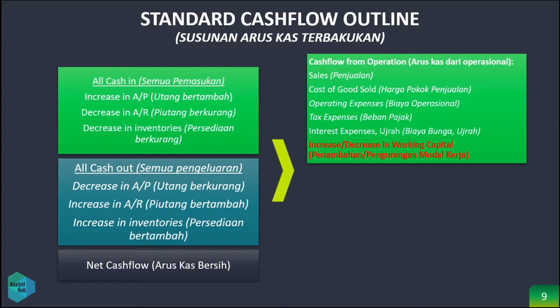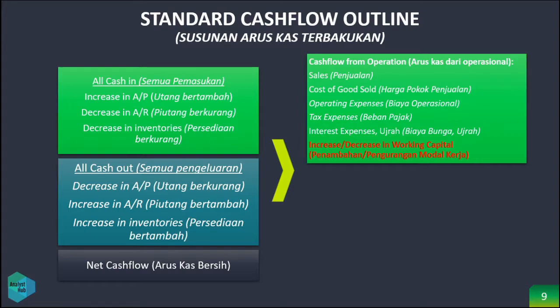Some people still misplace those accounts and put them in cash flow from financing. The point is, everything that's stated on the income statement except depreciation and amortization will also be put in this group. Working capital increase or decrease must also be put in this group because it's still related to the company's operation.